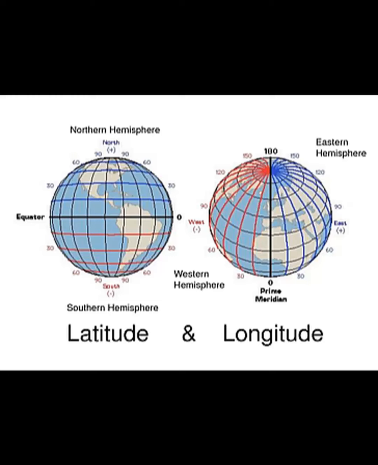Latitudes are expressed in minutes and seconds. These show us the width of the map. Every latitude must be designated with direction N for north or S for south. Equator is the largest among all the latitudes.